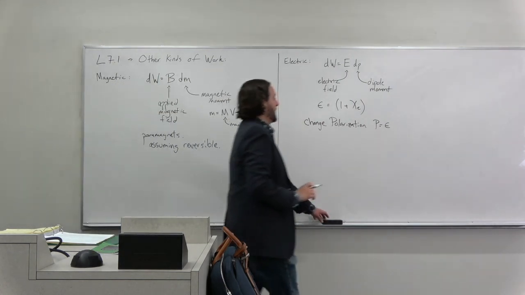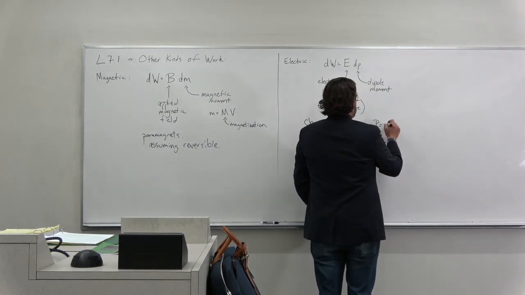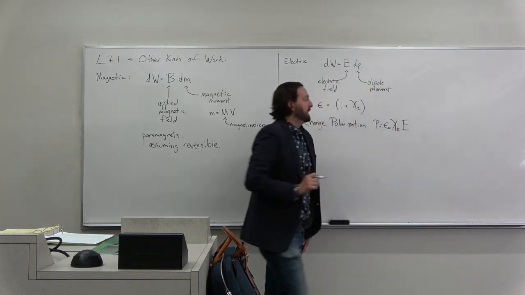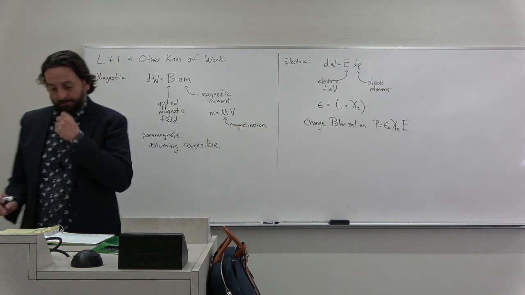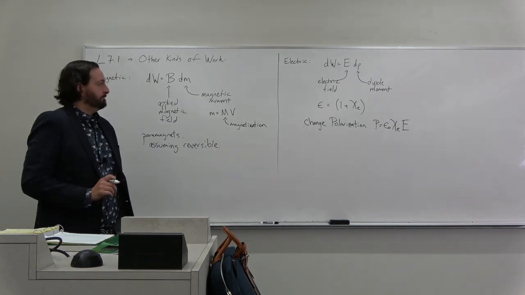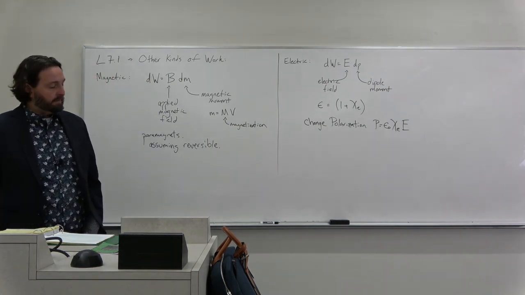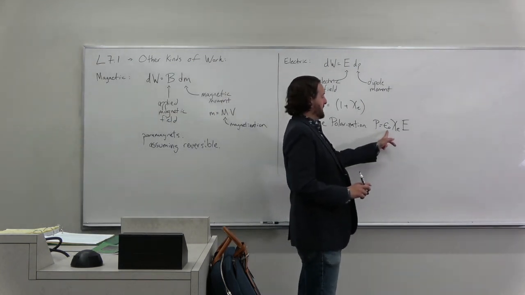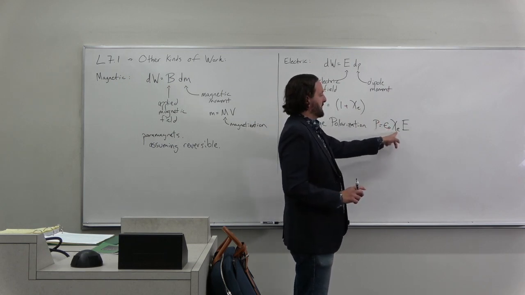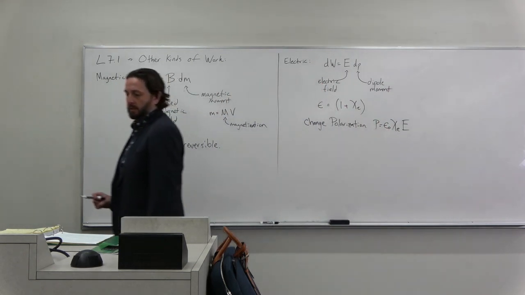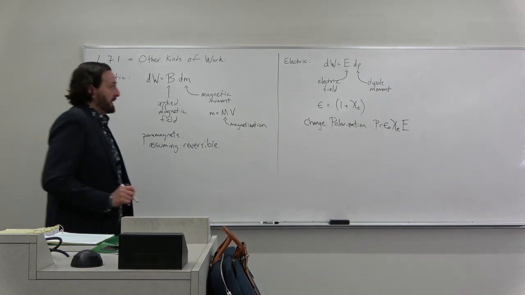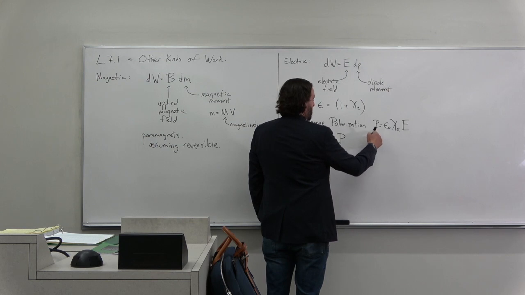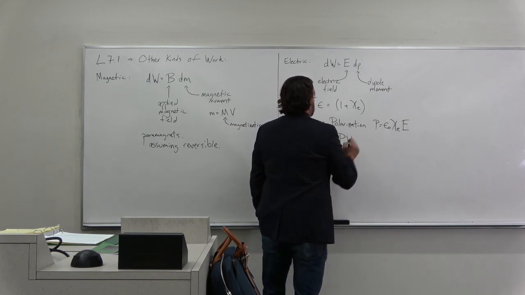Or another way to say it is epsilon-naught times the susceptibility times the electric field. Great. So epsilon-naught is the dielectric constant for free space, and chi is the susceptibility of a material. All right, so that gives you a dipole moment, P, which is that polarization times the volume.